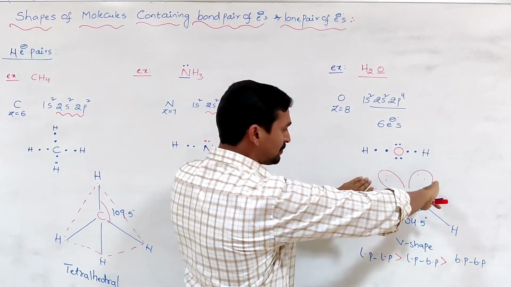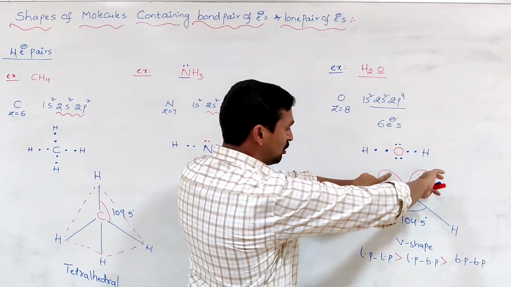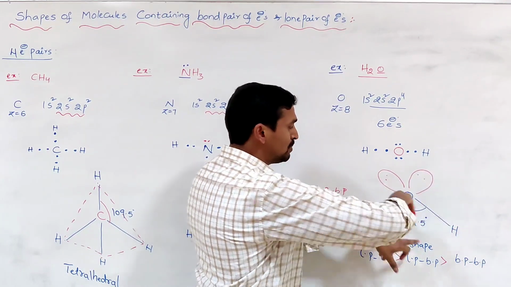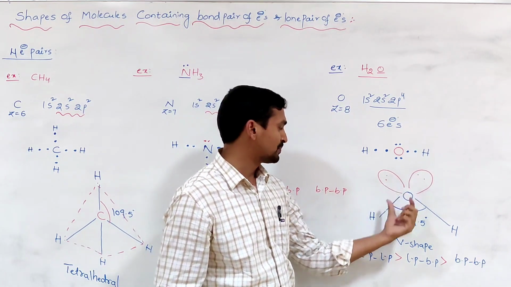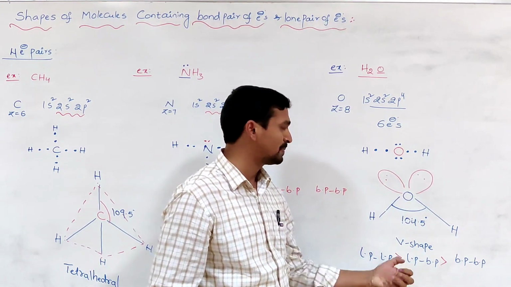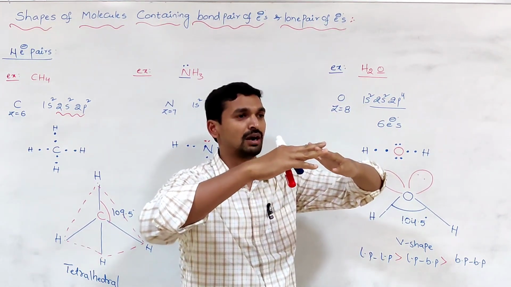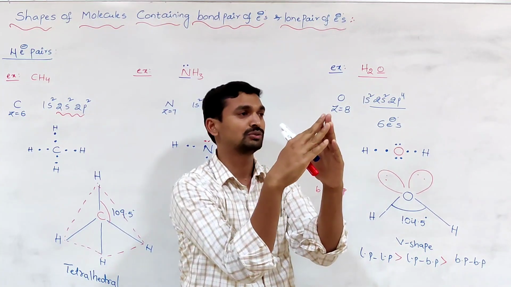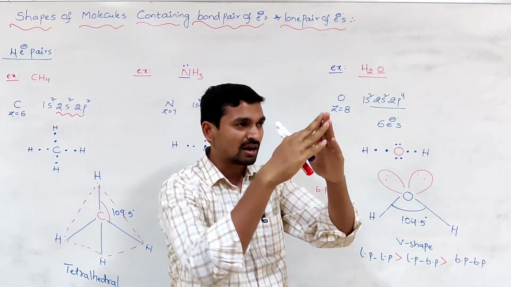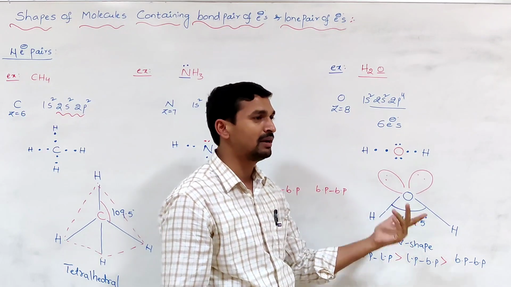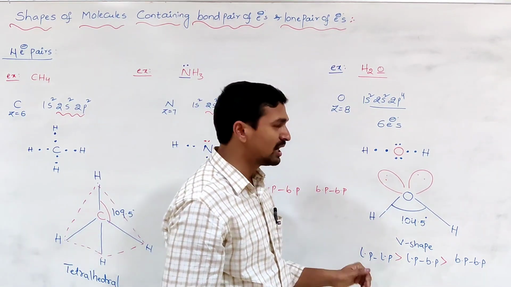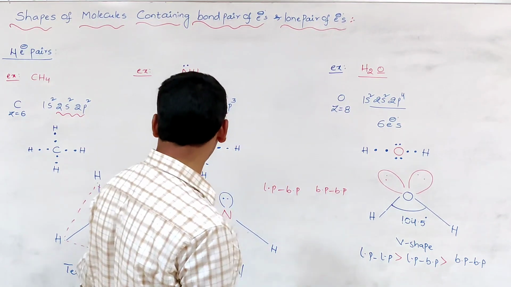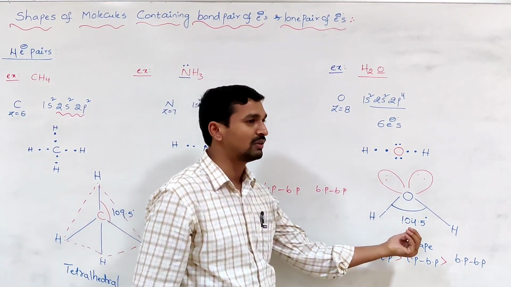When they try to move away from each other, these two lone pairs push the two bonds close together. So because of this strong lone pair repulsion, the bond pairs of electrons come close to each other. Then when they come very close to each other, what happens? The bond angle decreases.